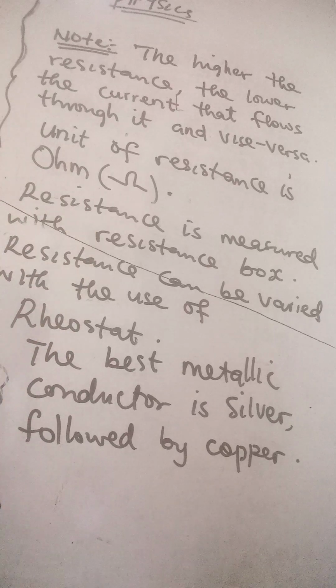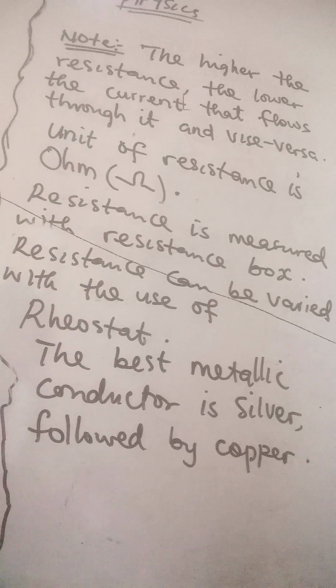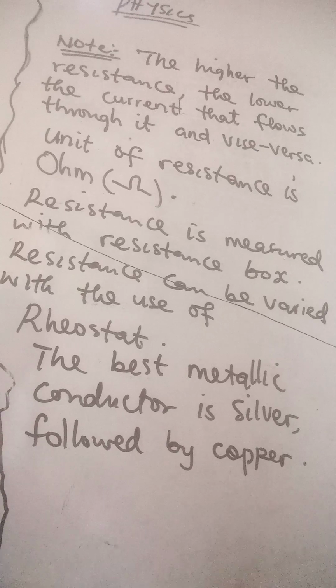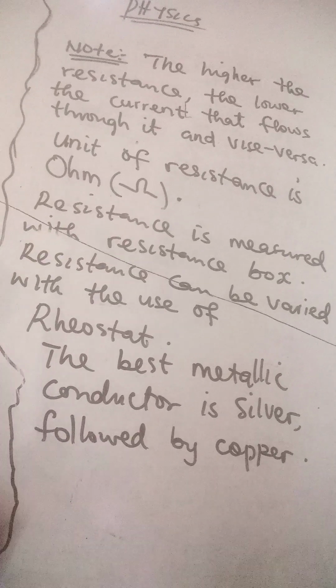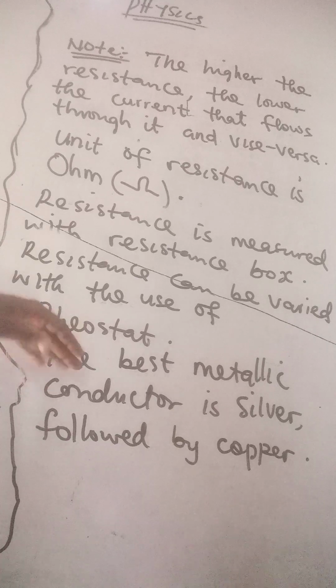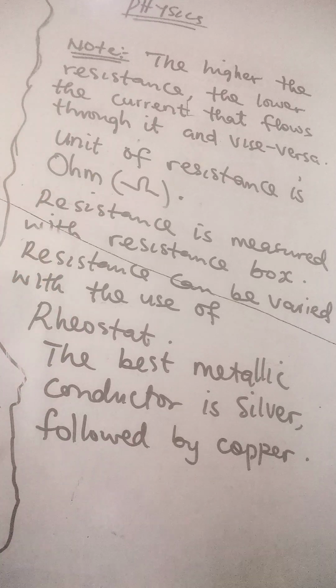That means we can increase or decrease the resistance in a circuit by using a rheostat. So we can vary resistance using a rheostat, either increasing or decreasing the resistance during an experiment in an electric circuit.